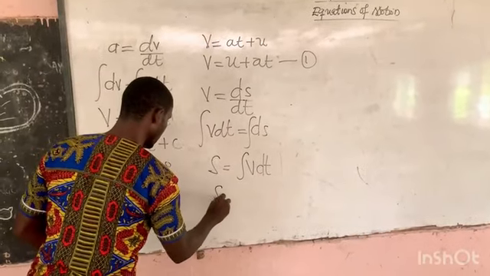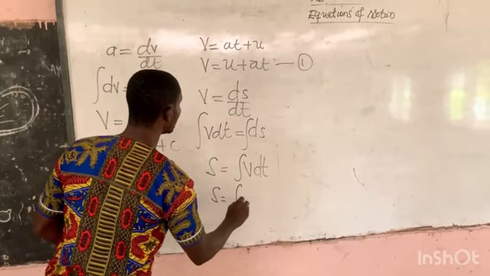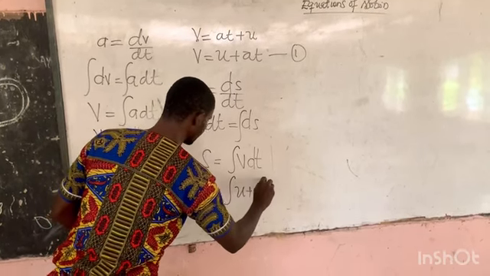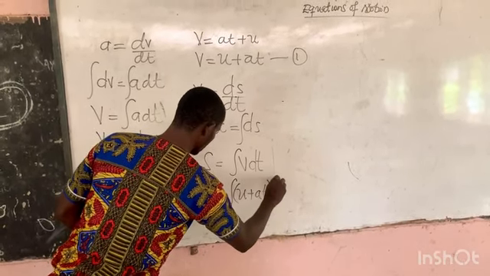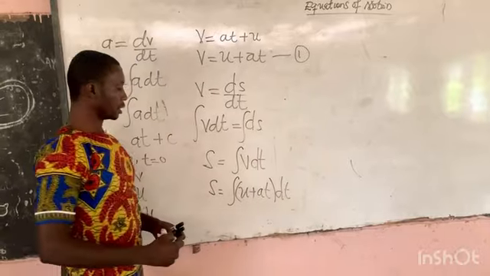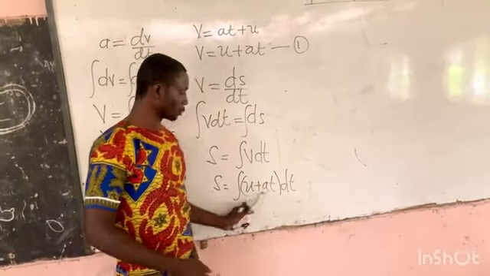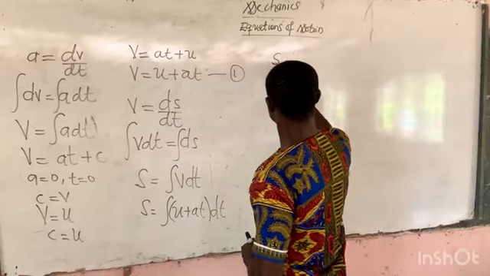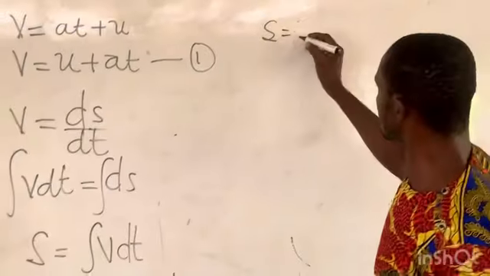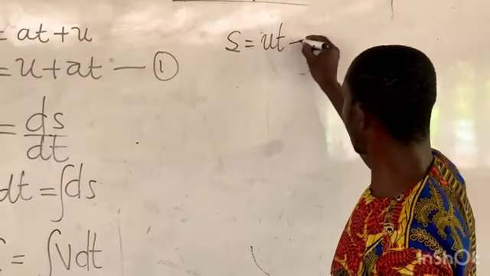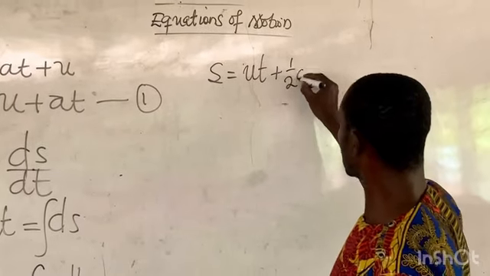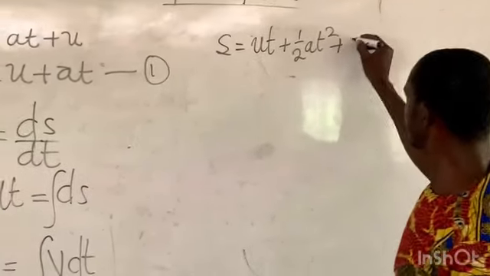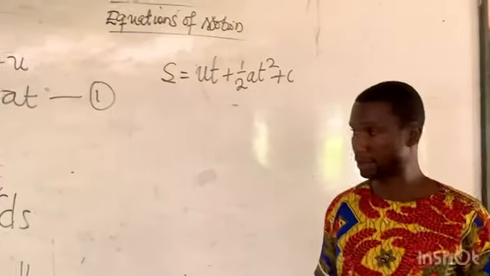So s is equal to the integral of (u plus at) dt. Now, we are integrating this with respect to t. So we get s is equal to ut plus half at squared plus c, the arbitrary constant.